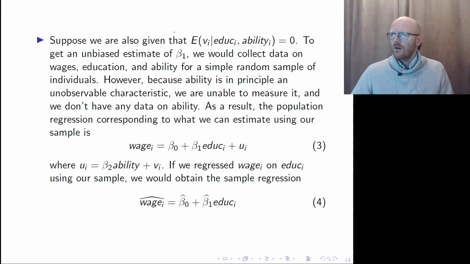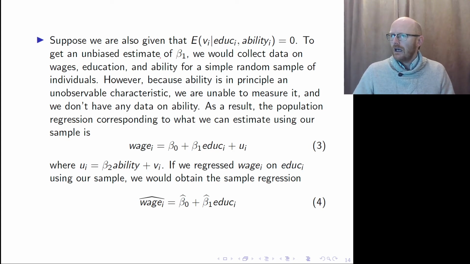So what if we assume that the expectation of the residual, given the level of education and the level of ability, is equal to 0, which means that if you can account for the education and the ability, then you will get unbiased estimates of the wage.